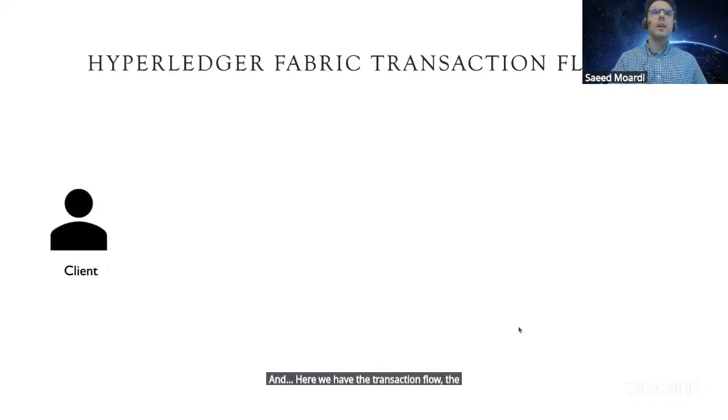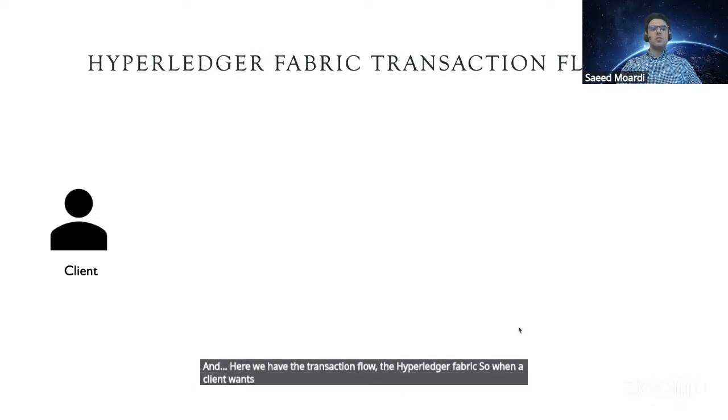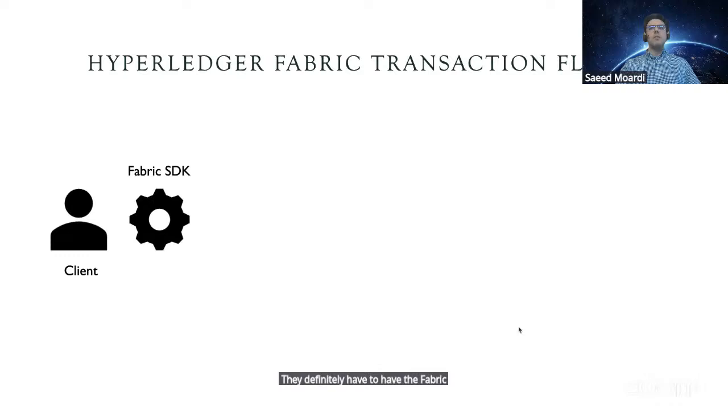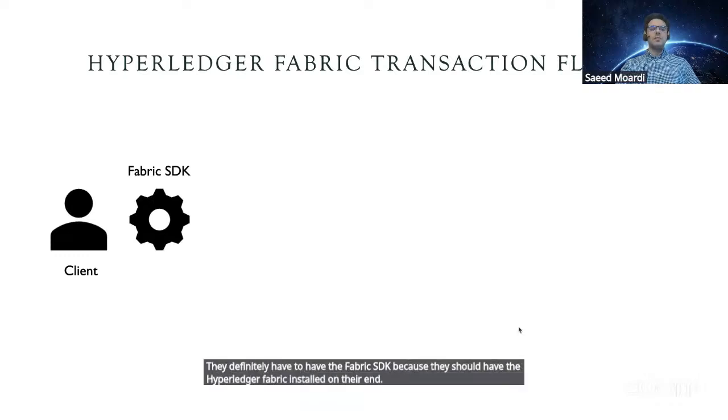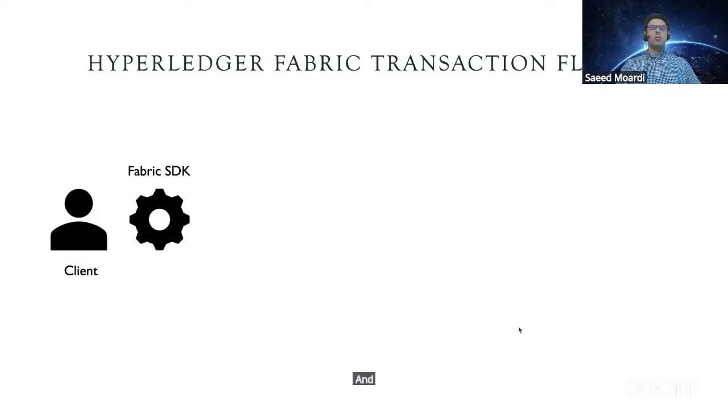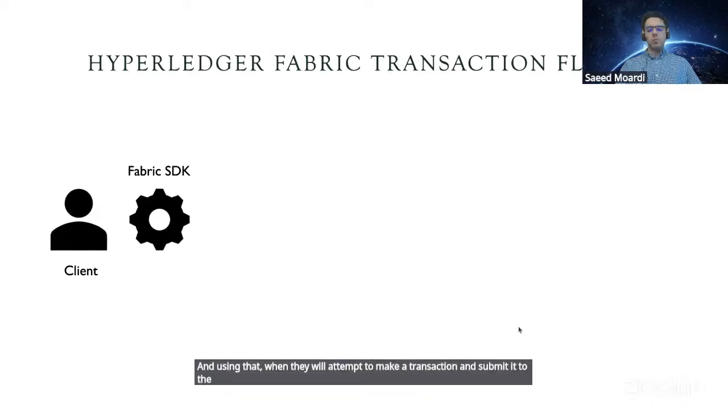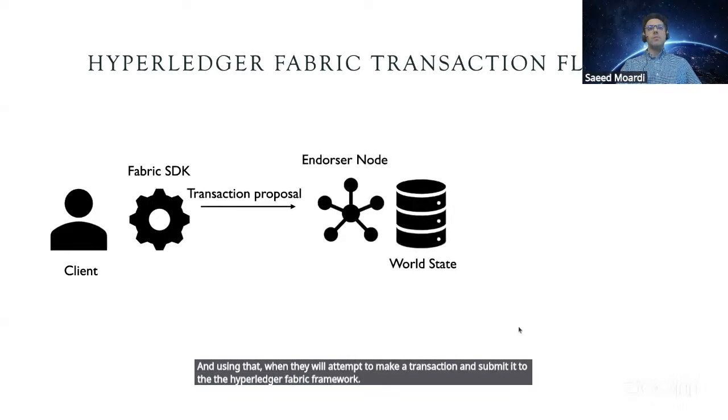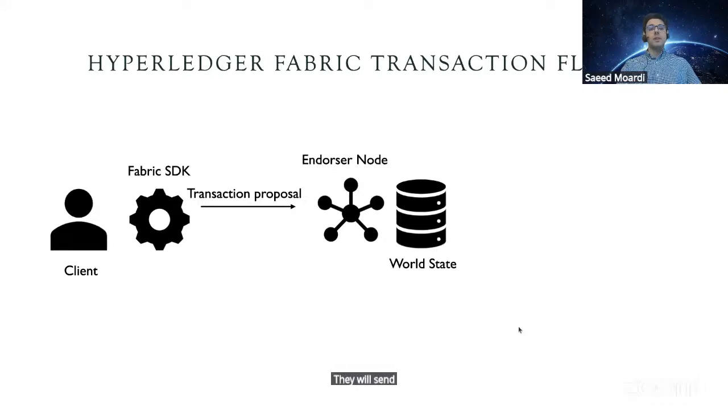Here we have the transaction flow of Hyperledger Fabric. When a client wants to submit a transaction, they definitely have to have the Fabric SDK, because they should have Hyperledger Fabric installed on their end. Using that, when they attempt to make a transaction and submit it to the Hyperledger Fabric framework, they will send something called a transaction proposal to the endorser node.